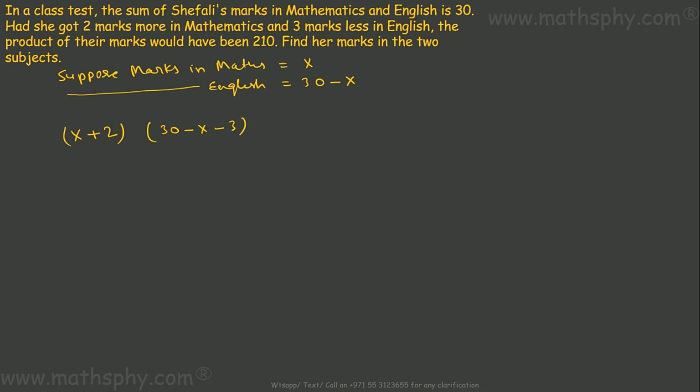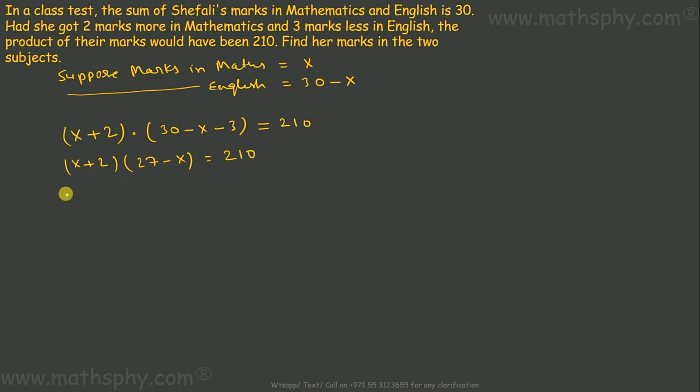The product of their marks, product means multiplication, would be equal to 210. Now let's solve this. (x + 2)(27 − x) = 210.